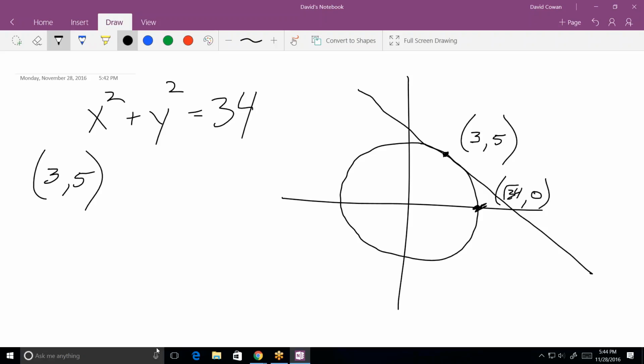If I plug that in, I get 9 plus 25 equals 34. So that point is definitely on the circle.